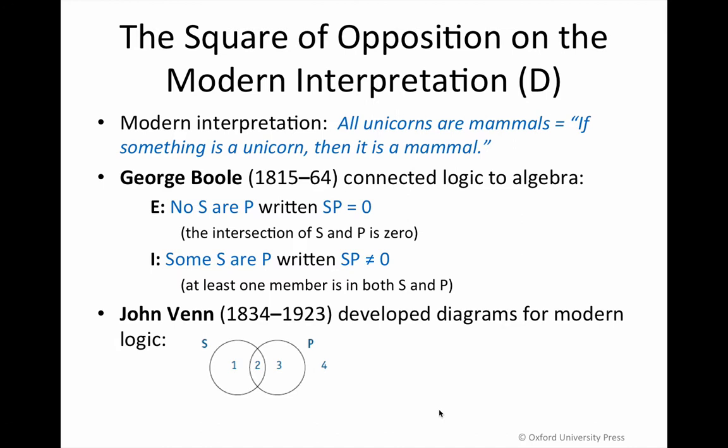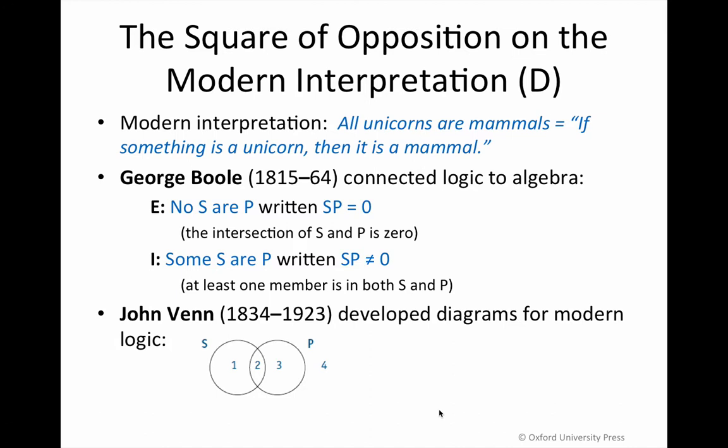and you'll see two overlapping circles. The S circle represents the subject class, and the P circle represents the predicate class of a categorical proposition. And then the numbered areas are just those areas that we can diagram in specific ways in order to visually represent the logical structure of a claim.